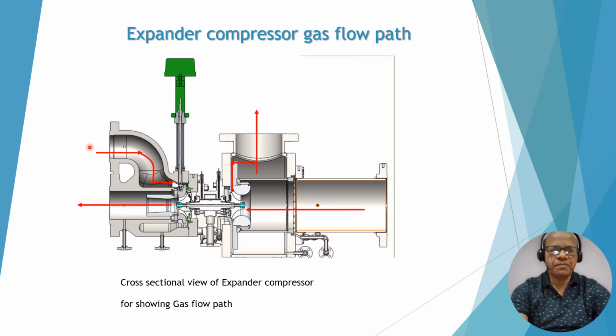So from high pressure you get low pressure, low temperature, and power is produced, which is consumed by the compressor. The gas comes here and then goes out. There is pressurization of the gas at the compressor wheel outlet, and then a further pressure rise in the diffuser.